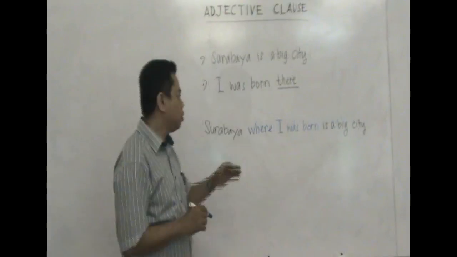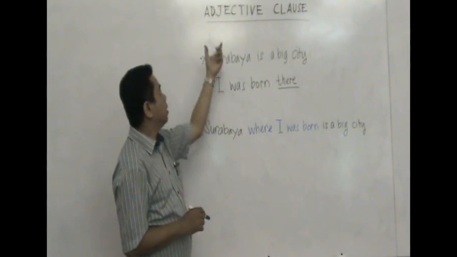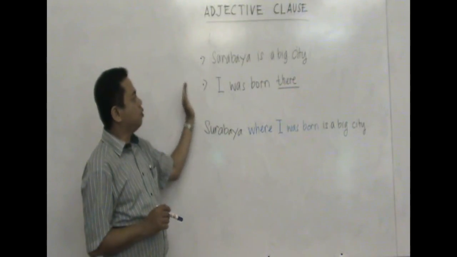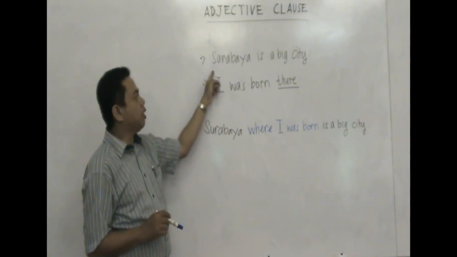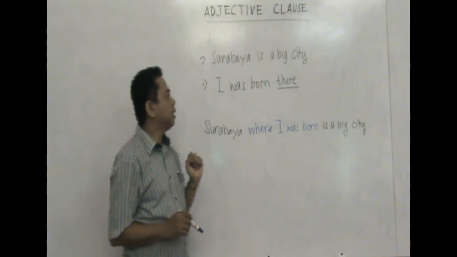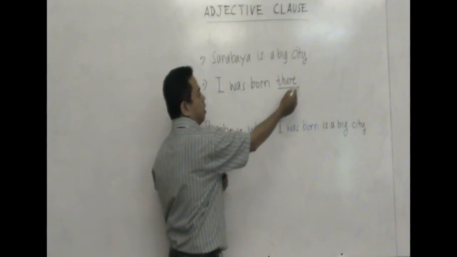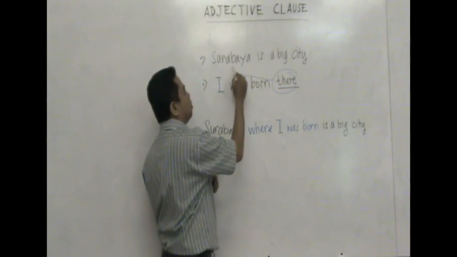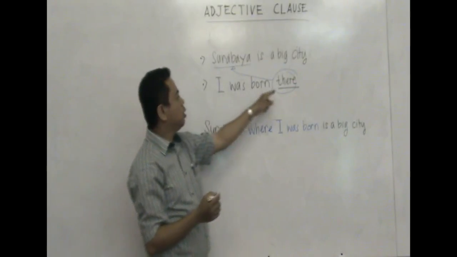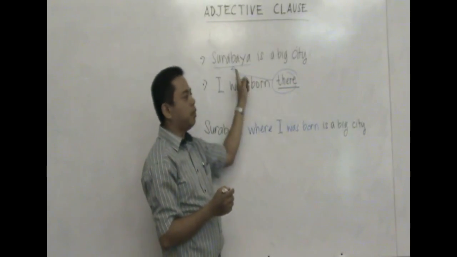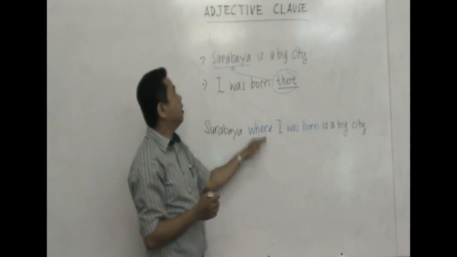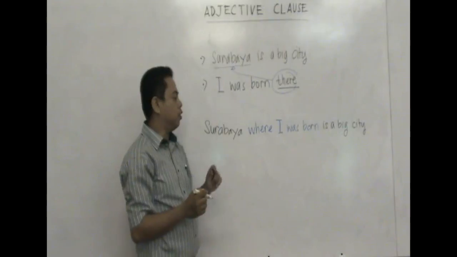Now about how to use where in an adjective clause. I have two different sentences. Surabaya is a big city. I was born there. Okay? So you know that there here refers to Surabaya. Okay? And because there or Surabaya refers to a place, we can use where in the adjective clause.